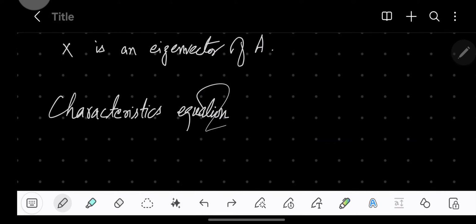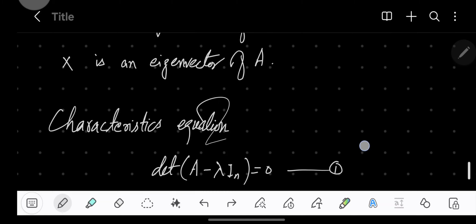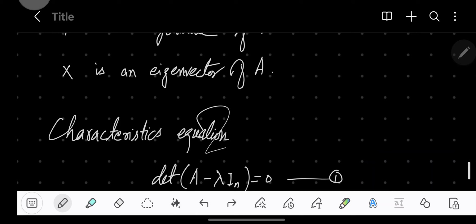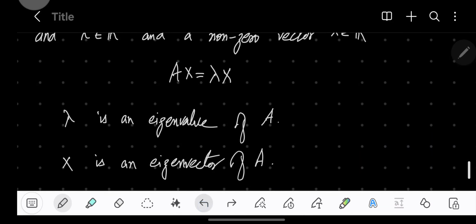Next we have a characteristic equation. The characteristic equation can be found by using the determinant of A minus lambda I_n is equal to 0. How have we found this equation? Initially, you have this equation which is Ax is equal to lambda x.